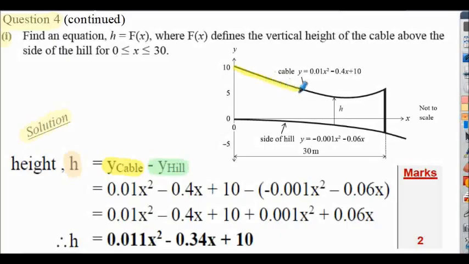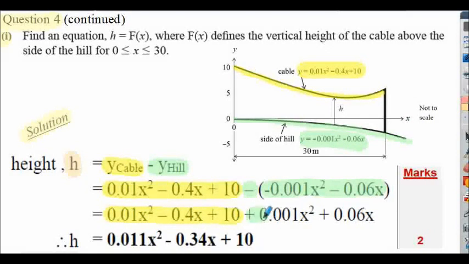Again, here's our y cable equation, and here's our hillside equation. So the cable equation in our formula, then we minus the hillside equation, which of course is negative. So essentially we'll be adding the two equations here to get the overall height h. So h is given by this expression here, and that's this height shown here on our diagram.